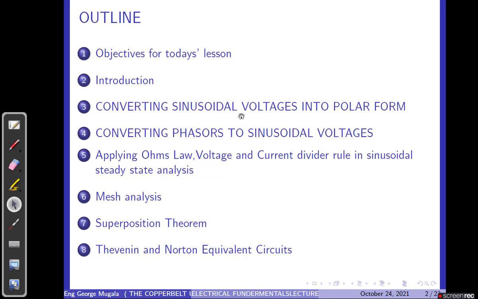For the calculations and analysis of the circuits, I'll try to do the calculations using software called MathCAD. This is software I haven't taught you because you don't need it. You have your calculator, and you can use your own calculator to do the calculations.